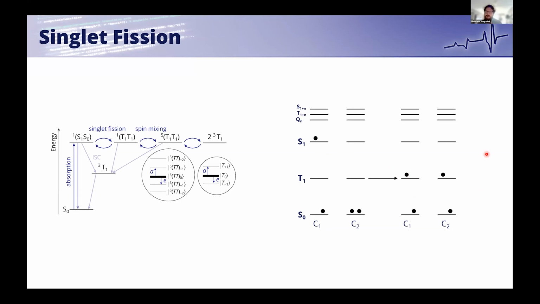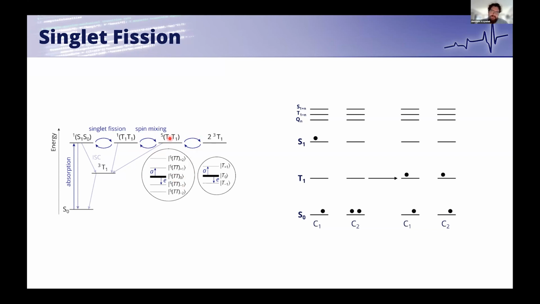Due to the fine structure interactions between the two spins, you can get further mixing of the singlet state with the quintet state. That selectively populates, for the most part, the M sub s equals 0 sublevel of the quintet.